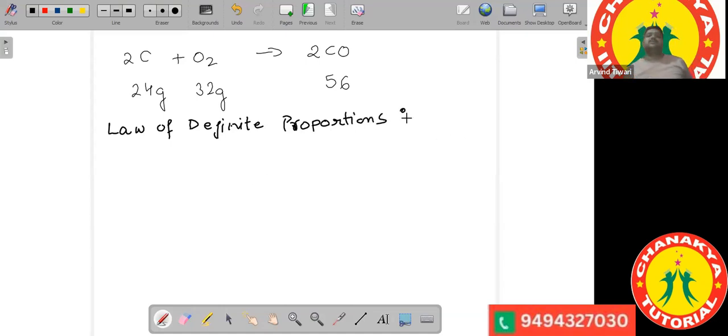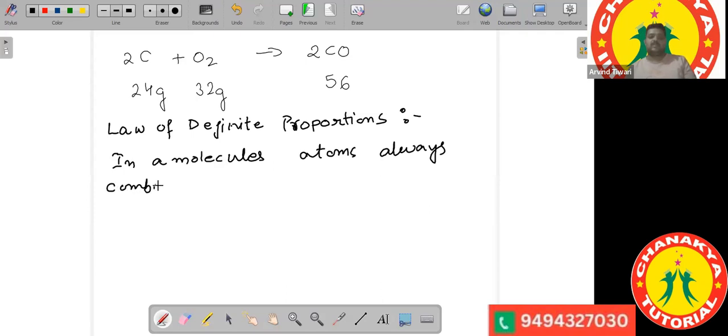So what is this law of definite proportions? It means that whenever atoms combine or a molecule is formed, the combining atoms always combine in a fixed ratio by mass.